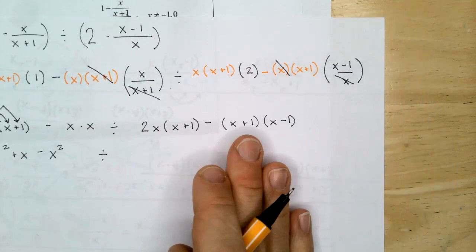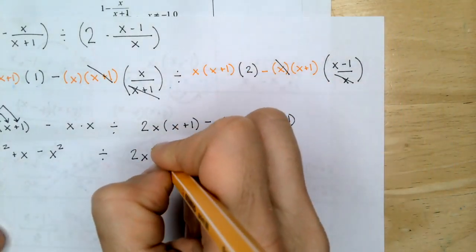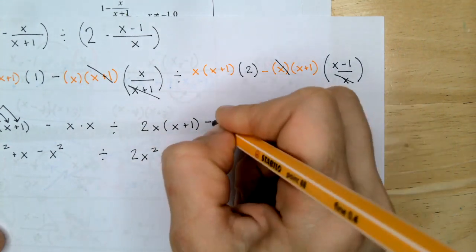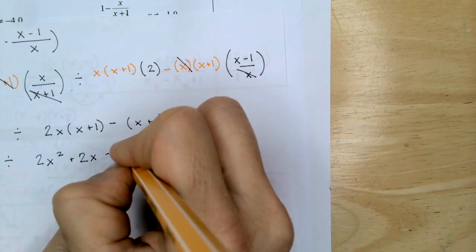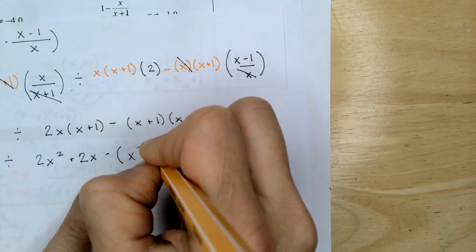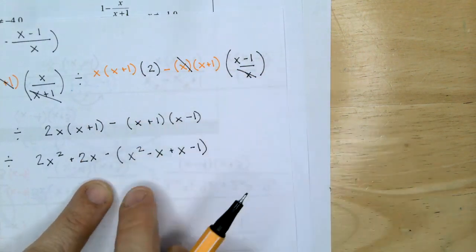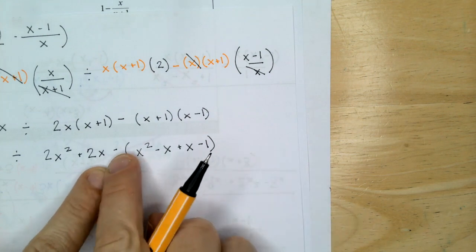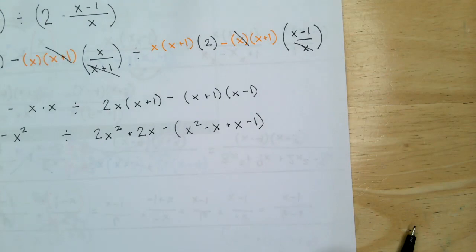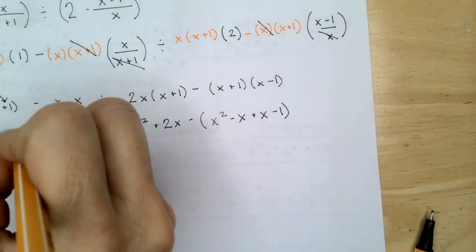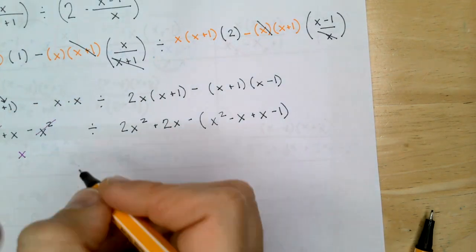Divided by 2x times x is 2x squared, 2x times 1 is 2x, minus, okay, x times x is x squared, x times negative 1 is negative x, 1 and x is x, 1 times the negative 1 is negative 1. Notice that I started and closed the parentheses after the minus sign because I have to subtract all of that, all right? x squared plus x minus x squared, those cancel and I just have x, right?